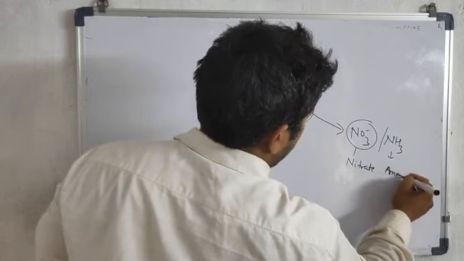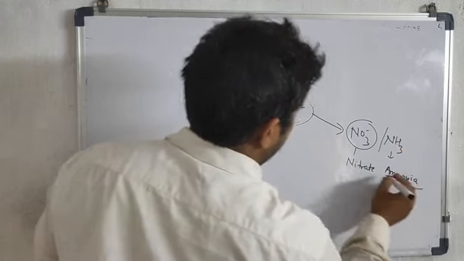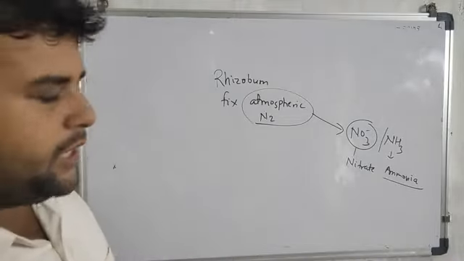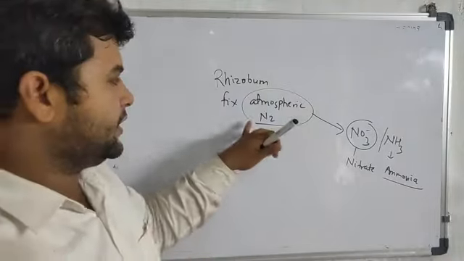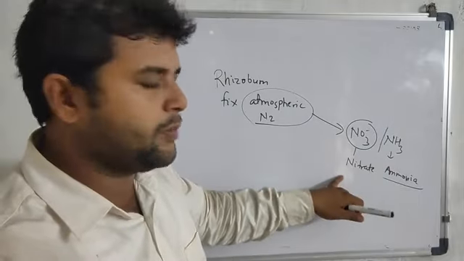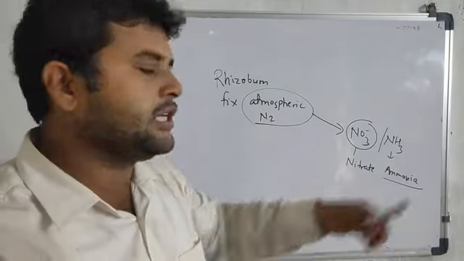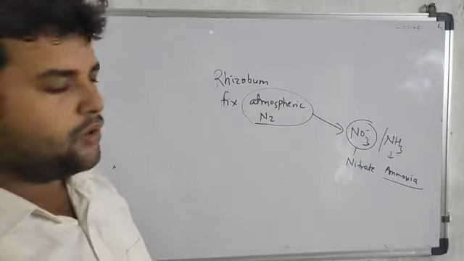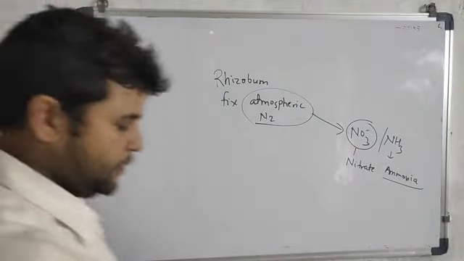So note it down, the rhizobium fixes this nitrogen into a special form in the soil. Either it will be in the form of nitrate or in the form of ammonia. Okay, so note it down.